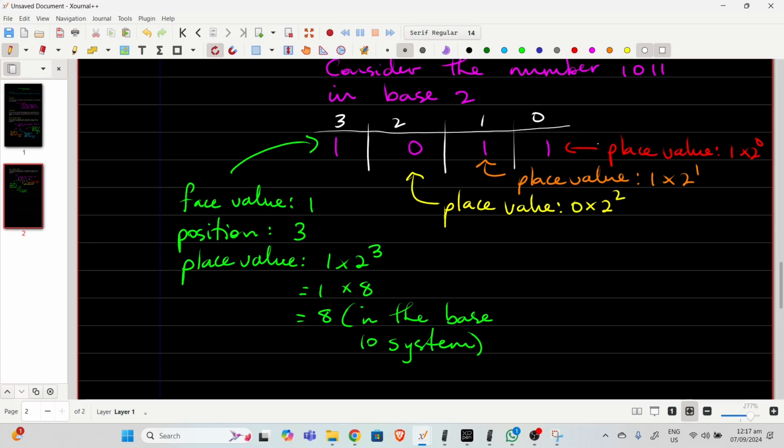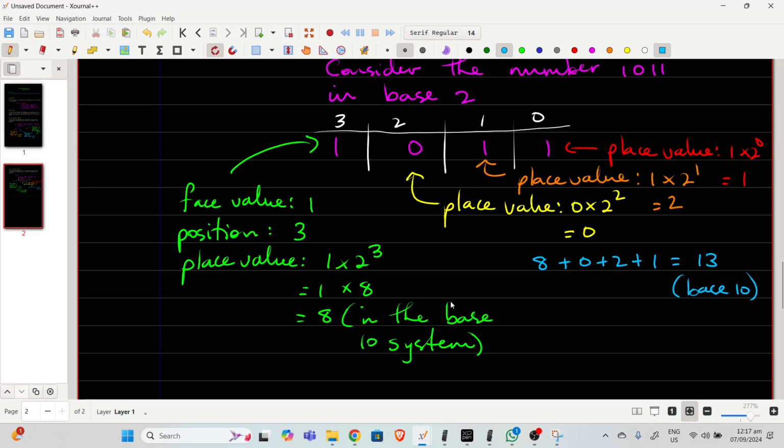If I work out every single one of them, 0 times anything is 0, and 2 to the 1 is 2 multiplied by 1, so this turns out to be 2. And then 2 to the power of 0 is 1, and 1 times 1 is just 1. And I simply add these numbers together: the 8, the 0, the 2, and then the 1. And I get 13 in the base 10 number system.